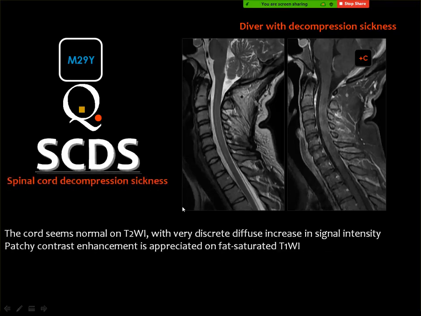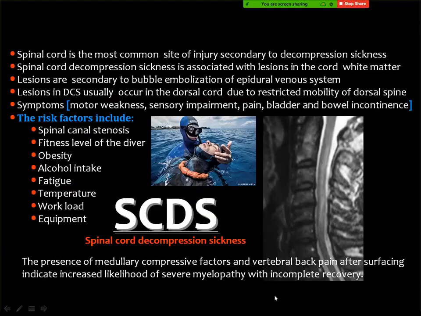This is known as spinal cord decompression sickness, and this decompression sickness, according to the literature, is common in the dorsal region, where this part of the vertebrae is not mobile, similar to the cervical or the lumbar spine.